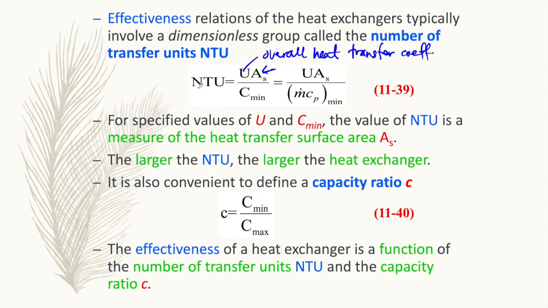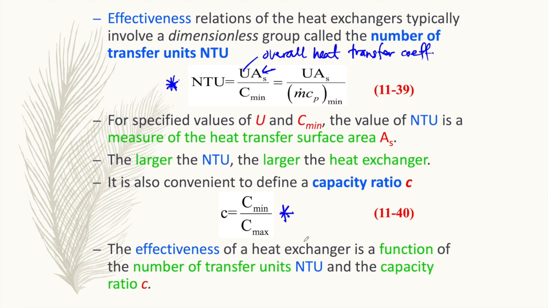It is also convenient to define a capacity ratio, C equal to C minimum over C maximum. You have to remember this and this, but you don't have to worry because in the chart or table, all of these equations will be provided.